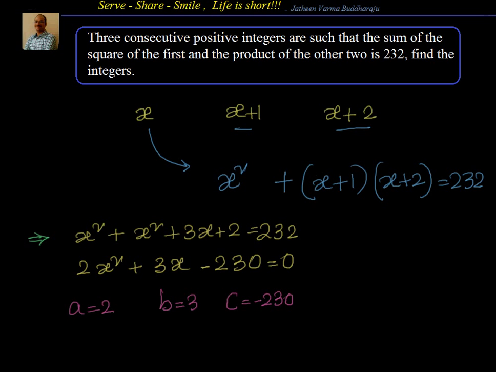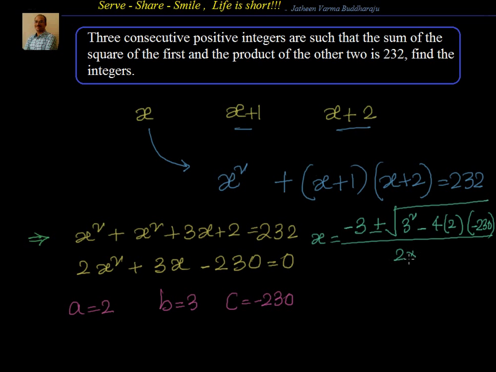Now let's put it in the formula. x equal to minus b, that is minus 3, plus or minus square root of b square, 3 square, minus 4ac, that is 4 into 2 into c, which is minus 230, divided by 2a, that's 2 into 2.